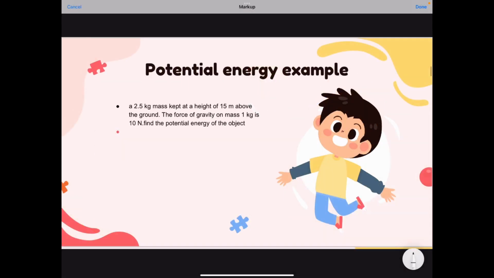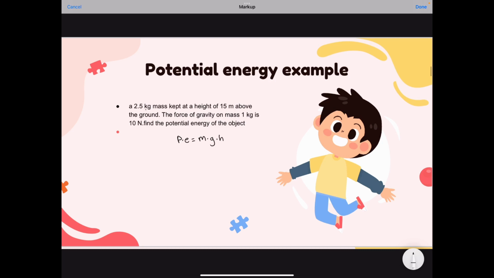Let's take an example. A 2.5 kilogram mass is kept at a height of 15 meters above the ground. The force of gravity on a mass of 1 kilogram is 10 Newton. Find the potential energy of the object. As we mentioned earlier, the potential energy formula is m times g times h.